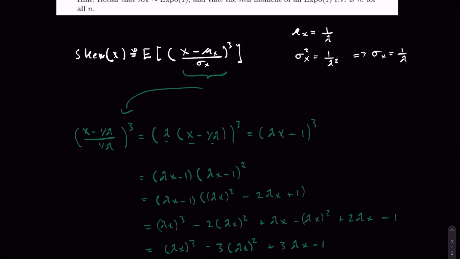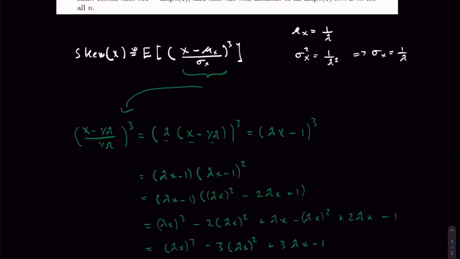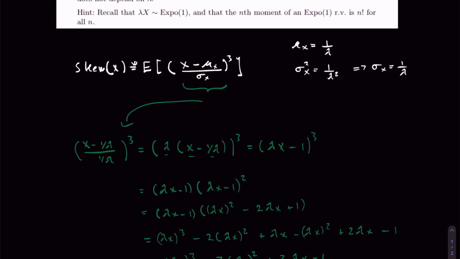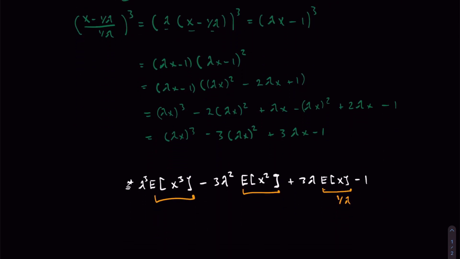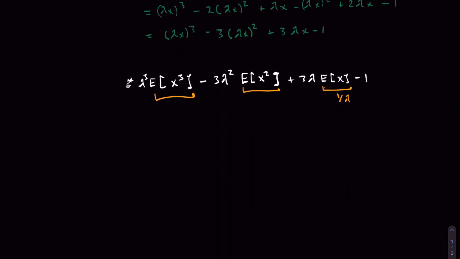And this is where the hint comes in handy, which is that the nth moment of an exponential is in fact n factorial over lambda to the n. Let me put a pin in this calculation here.